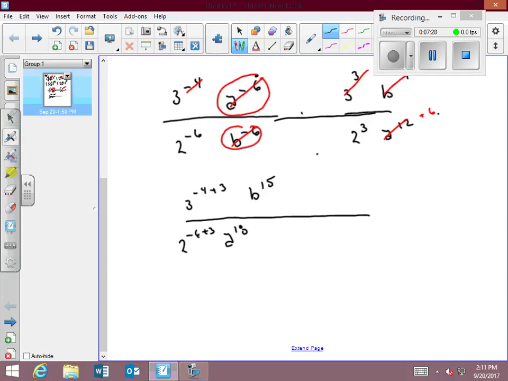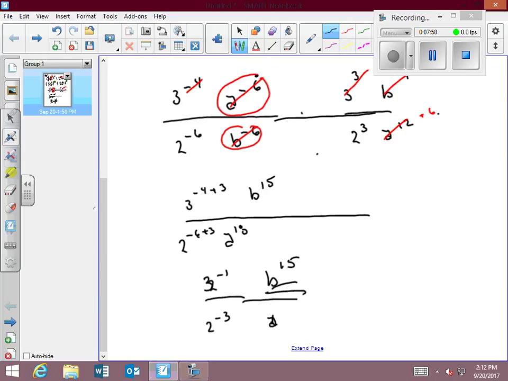Now, I left my constant bases as they are, I'm just going to clean them up later. But are you good with the b15, a18? So then this is actually 2 to the negative 1, 3 to the negative 1 in the numerator, 2 to the minus 3 in the denominator, and I still have the b15.